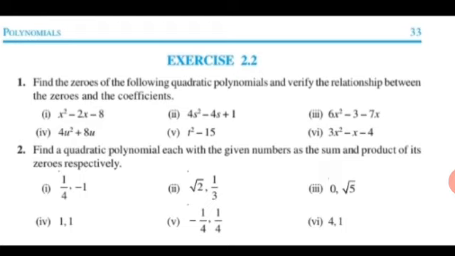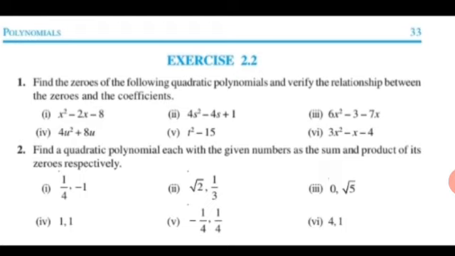In question 1, the polynomial was given and you found out the zeros as well as the relationship between zeros and coefficients. Now, in question 2, the sum and product of the zeros is given and you are supposed to find out the quadratic polynomial. So, similar, I mean they'll have the exact opposite steps.